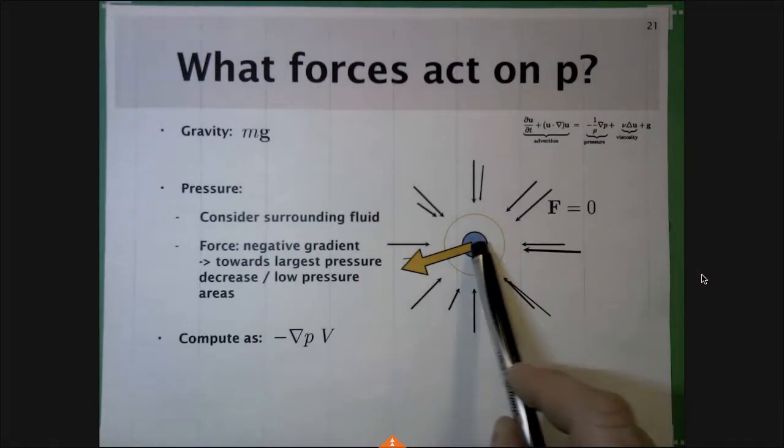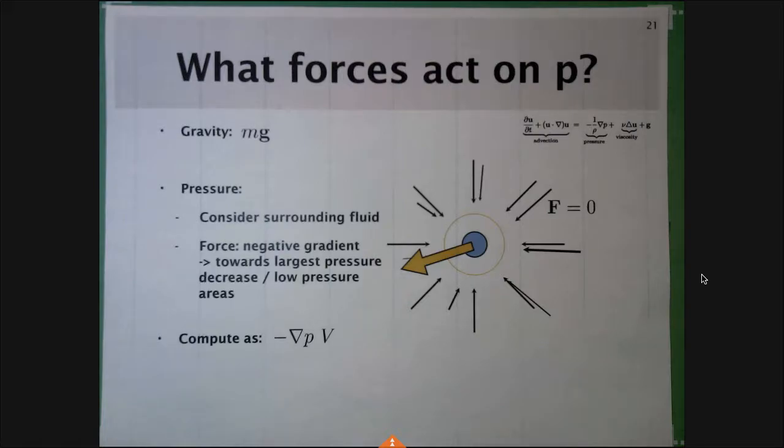The intuitive explanation is that you have some distribution of pressure in your liquid, and the blob of fluid wants to go from the high pressure region to the low pressure region. If you look at the pressure as a scalar field, then the gradient tells you the direction where the pressure increases the most. If you go along minus gradient, that's where it decreases the most, and that's exactly where it wants to go. Like imagine high pressure, low pressure, it wants to be sucked in there. So that generates a force on our blob of fluid.